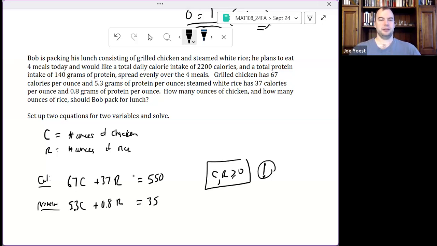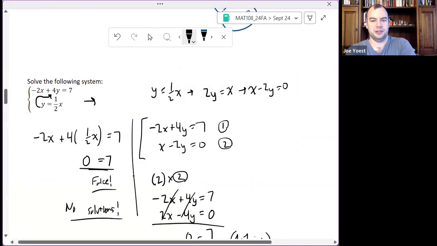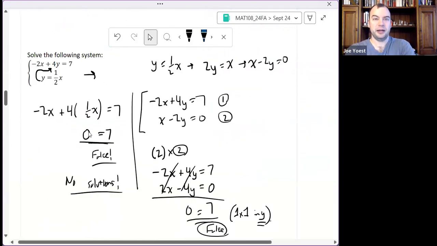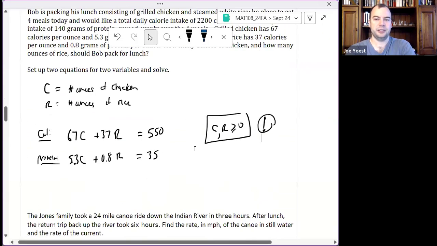Maybe the chicken and rice meal choice, along with the calorie and protein constraints, just don't work in a practical sense. So that's a possibility. It's also a possibility that we get something like infinitely many solutions or no solution. We could mathematically not get a solution. We could practically not get a solution, or we could get a solution practically and mathematically.